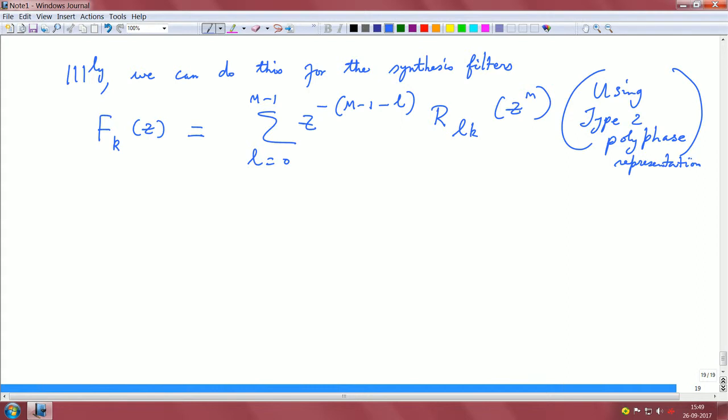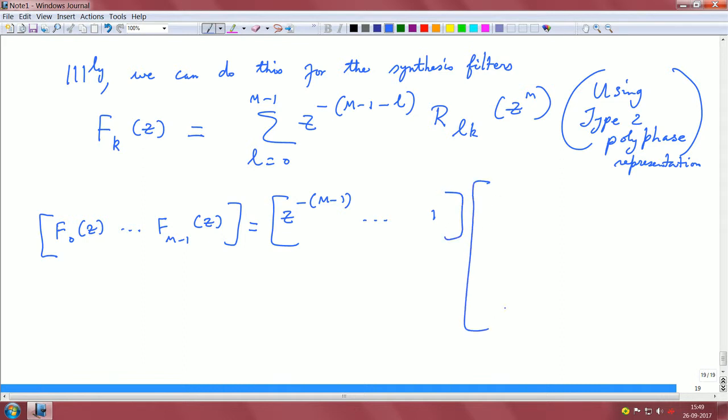Okay. So, we have this form. So, now our stack of filters F naught of z so on till F M minus 1 of z can be written in terms of the delay vector and the polyphase components, type 2 polyphase components.